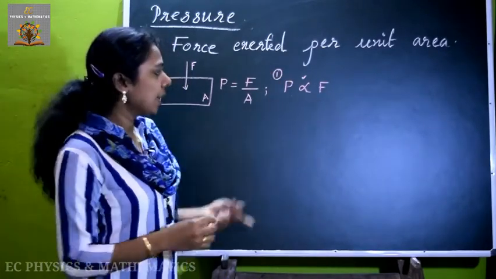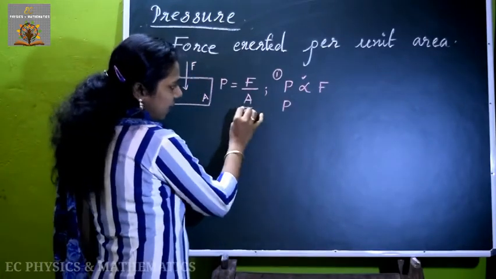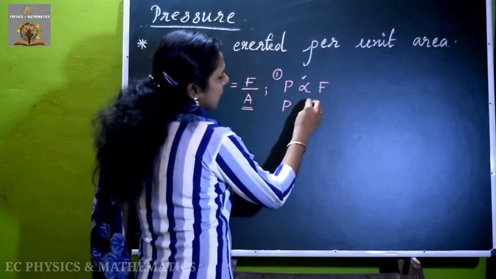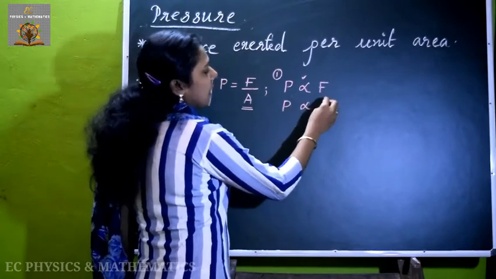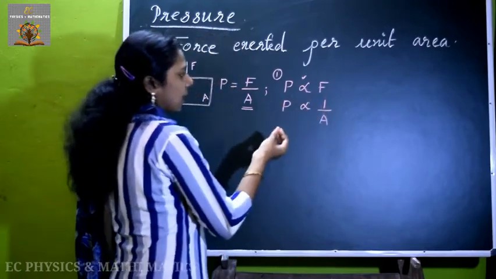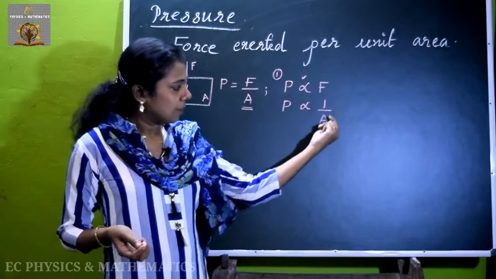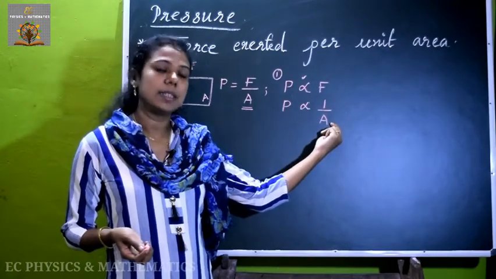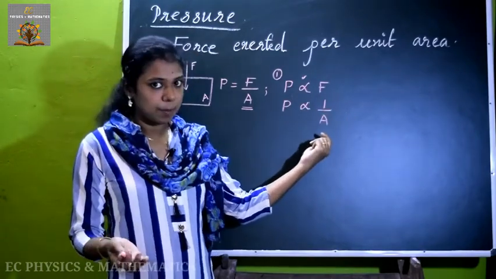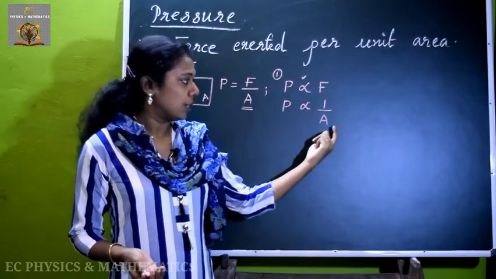Second one is area. Pressure is inversely proportional to area.